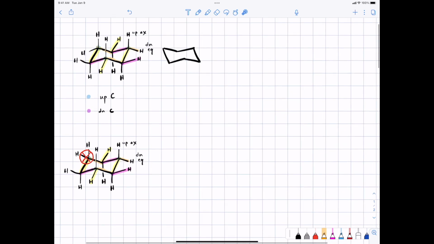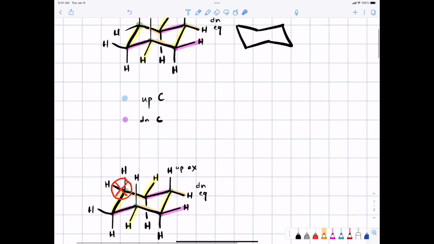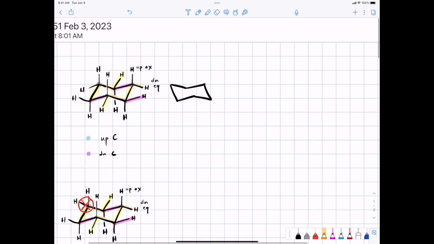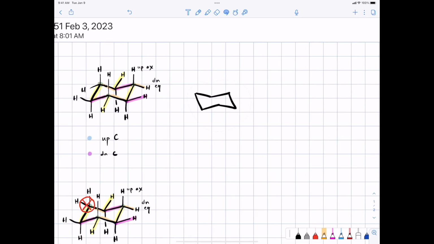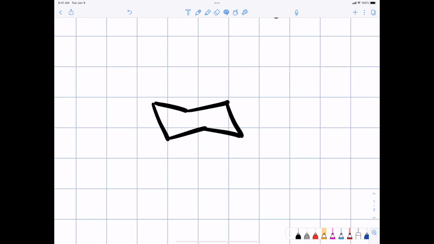All right, let's talk about chair flipping. To do this, I'm going to start with this chair, and again, I'm going to use color. Blue for up carbons. We'll number the atoms of the ring.